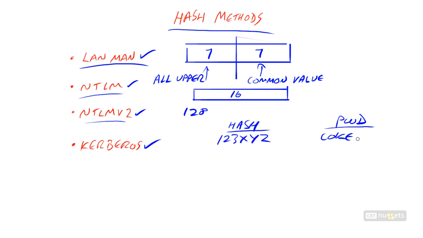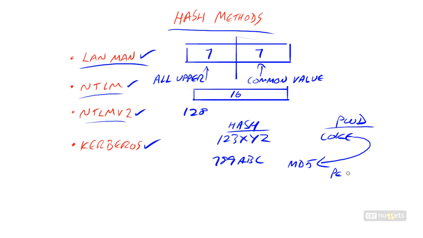I'm going to take that word Coke, run it through a password hash like an MD5, and see what the hash result is. And maybe the hash result comes out as 789ABC. Well, it's clear that Coke isn't the right password because when it came out of the hash, it's totally different than the hash up here. So now I know I got the password wrong. Let me try another one.